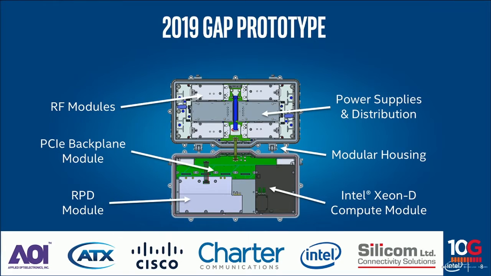What we put together is essentially a DAA node that has fully functional RF modules and power supplies. It has a high-speed PCI Express backplane, an RPD module, and an Intel Xeon D-based compute module. The companies you see on the bottom came together to put that prototype together.